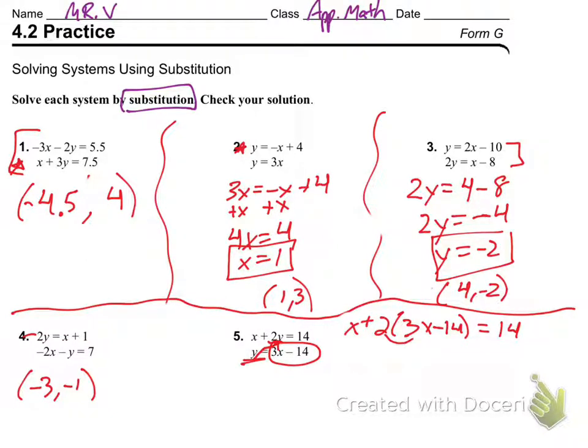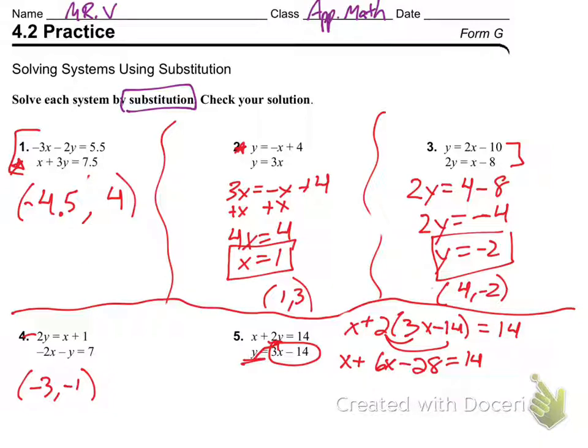So now we'll just distribute this. I'll have x plus 6x minus 28, since 2 times 14 is 28, is equal to 14. Combine like terms.